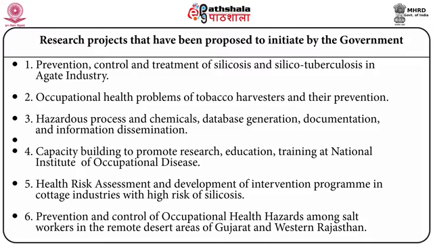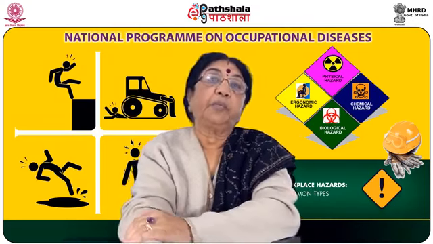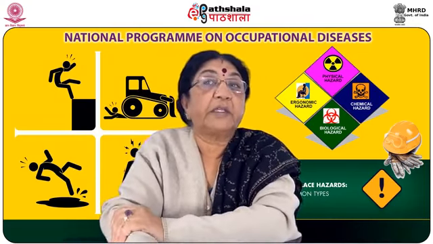Now, the government is definitely taking steps to legalize and put in place important protections against silicosis and tuberculosis, which are vastly prevalent in these areas. Occupational health programs for tobacco harvesters and their prevention.